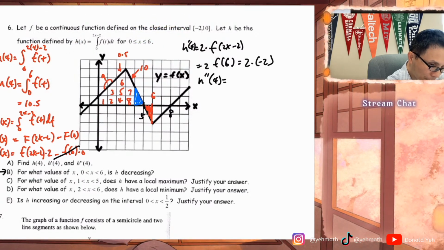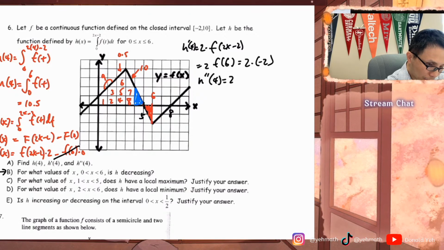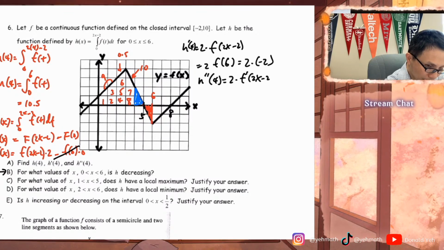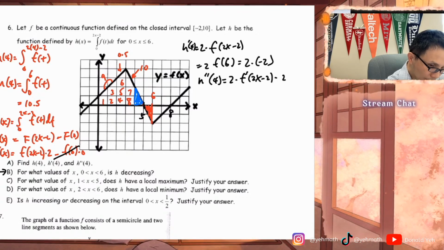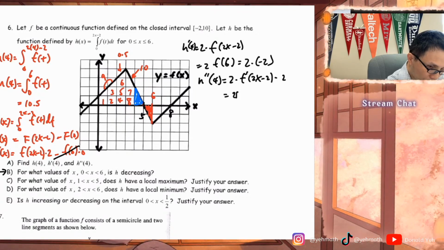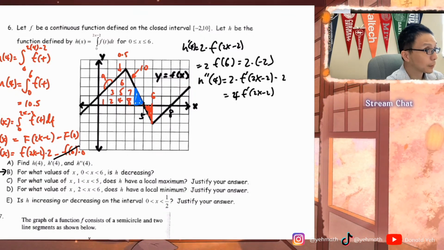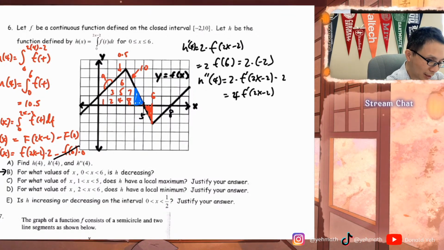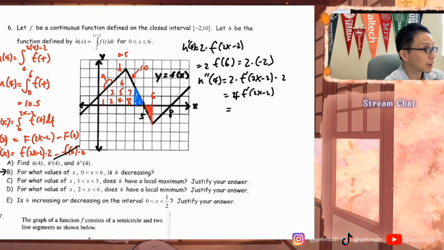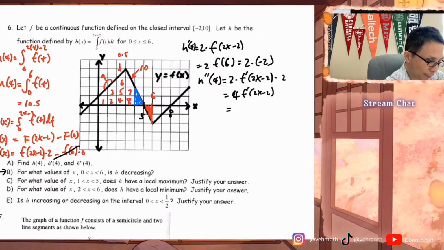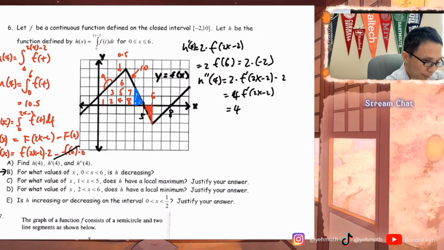H double prime of 4 is going to be 2 times f prime of 2x minus 2 times 2. So it'll be 4 times f prime of 2x minus 2. This is the hardest question they can give you. I've never seen a question this difficult on an FRQ, not for this part, for this fundamental theorem of calculus. So it'll be 4 times f prime of 6.